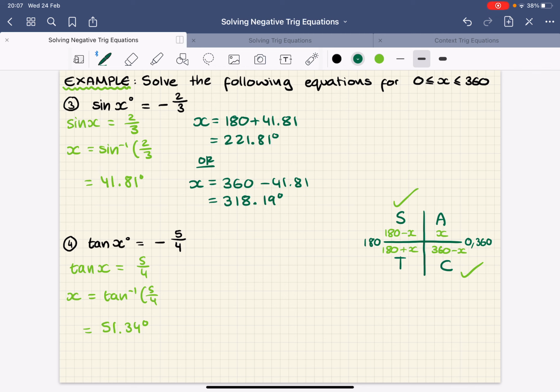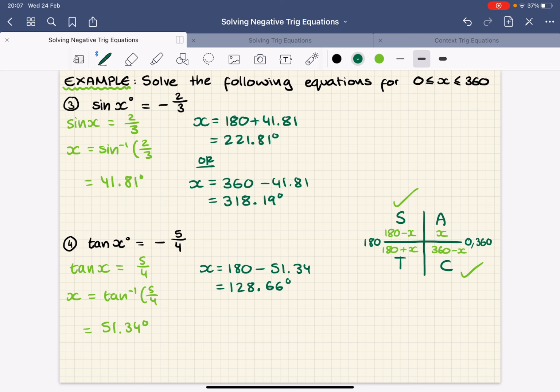So then taking that, using it for our two little expressions there. So my first value would be 180 minus the 51.34. And so that would be 128.66 degrees.